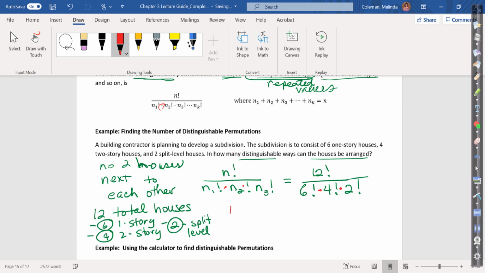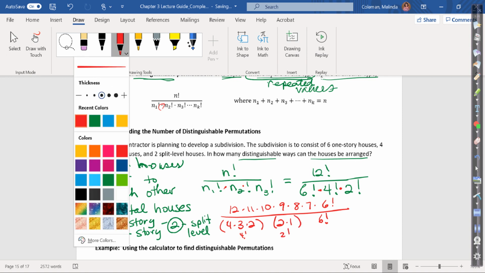It would be 12 times 11 times 10 times 9 times 8 times 7 times 6 factorial, divided by 6 factorial. Because it's multiplication, I can put these in any order I want. So that's going to be 4 times 3 times 2 for the 4 factorial, and then 2 times 1 for the 2 factorial.